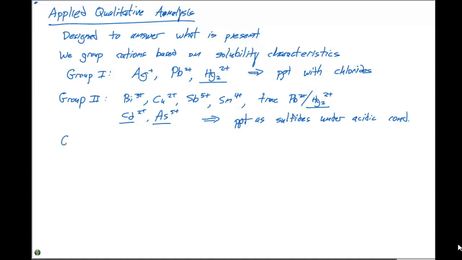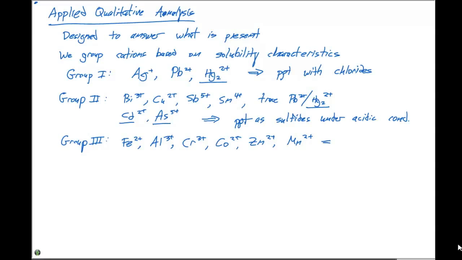Group 3 contains iron 2 plus, aluminum 3 plus, chromium 3 plus, cobalt 2 plus, zinc 2 plus, and manganese 2 plus.